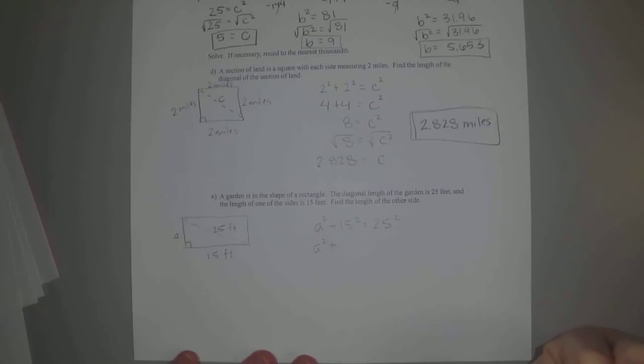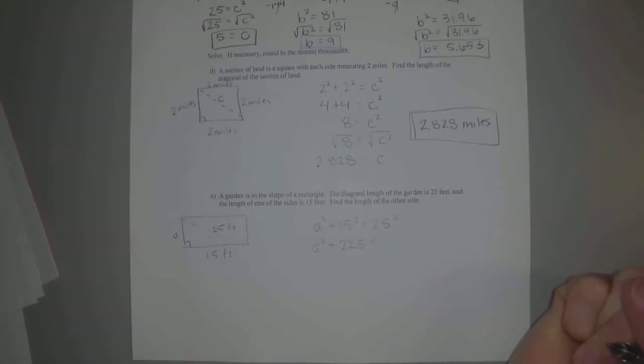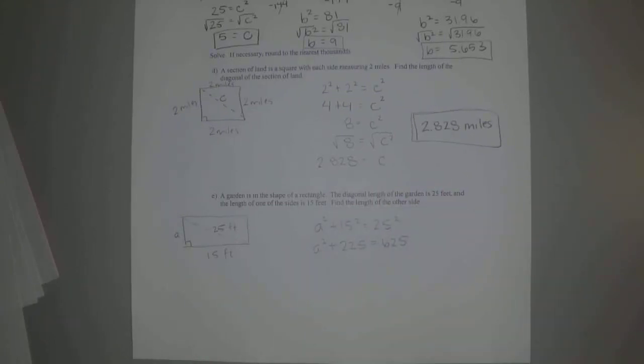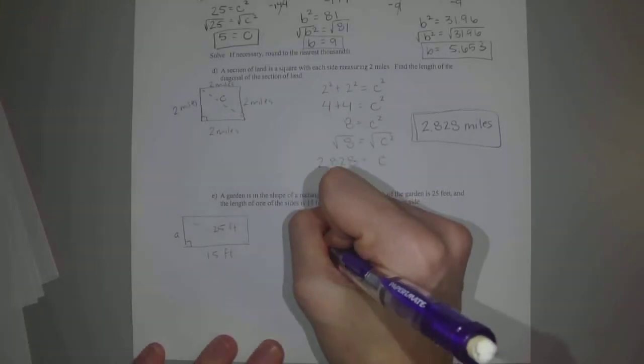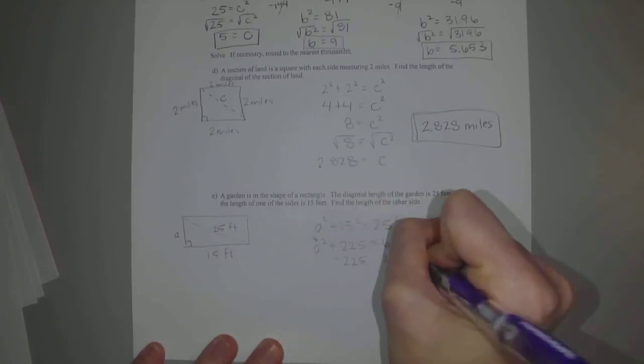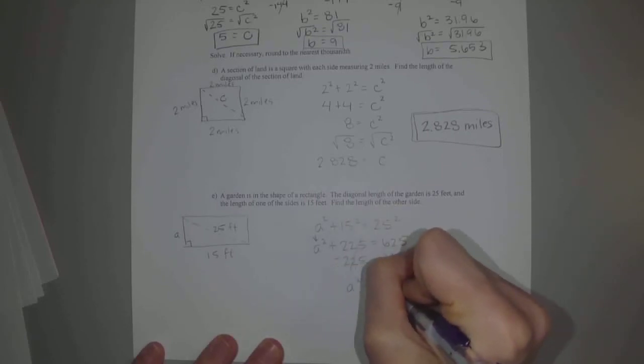What's 15 squared? 225. What is 25 squared? 625. And since we have one leg, what do we need to do before we take the square root, guys? Subtract over, right? We want to get it by itself, so we need to subtract the 225 over. So these will cancel, and we'll have A squared equals 400.